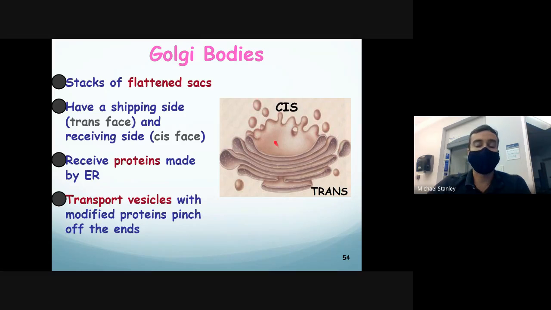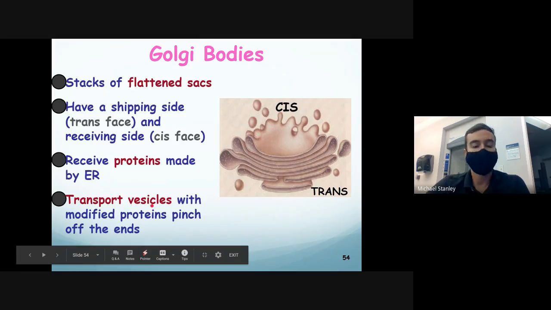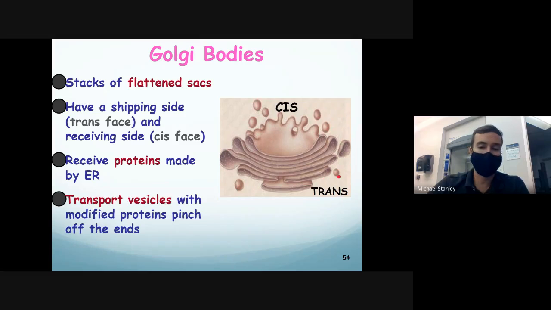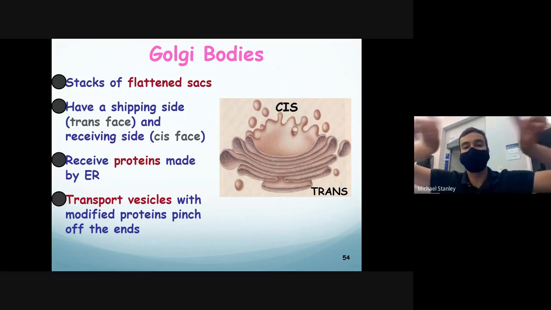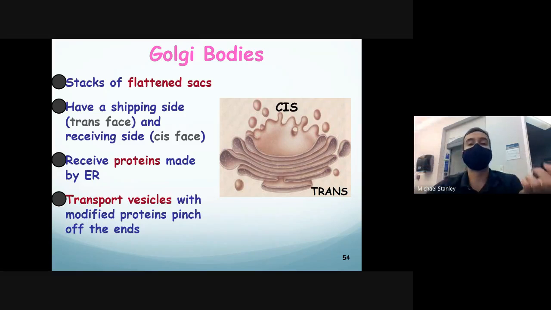And then it transports these proteins and other structures in things called vesicles. So vesicles are like these little blobs right here, and they're basically tiny little pockets of cell membrane. Normally our cell membrane is that big structure that surrounds the entire cell, or there's some organelles that have a cell membrane around them as well.